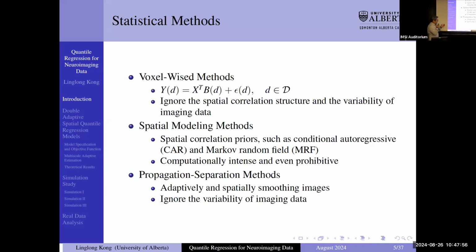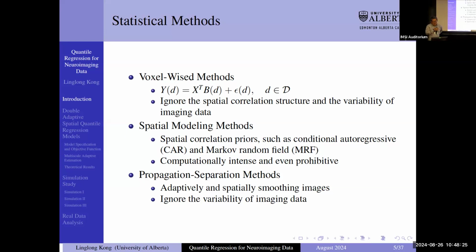Now, for those kinds of methods, traditionally we have voxel-wise methods, where we ignore the spatial correlation and just do voxel level analysis. Of course, the result is consistent, but it's not that efficient. We can also do spatial modeling, for example with some spatial correlation prior.